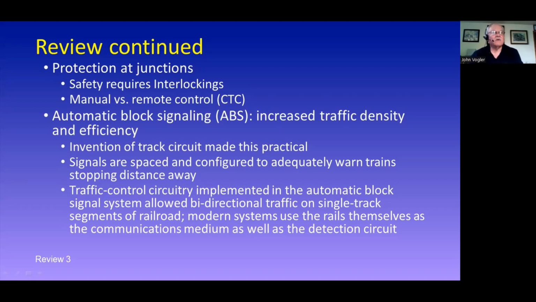They could run on the same track in either direction. Today, the new systems don't even require line wires or external wiring. They actually use the rails themselves to send the signal control information, as well as the detection of the trains.